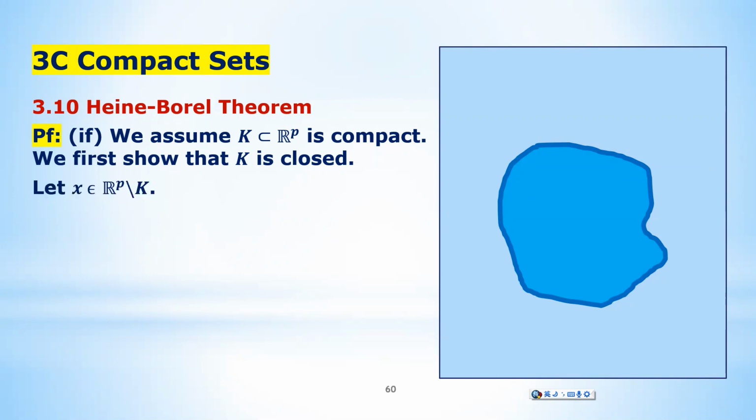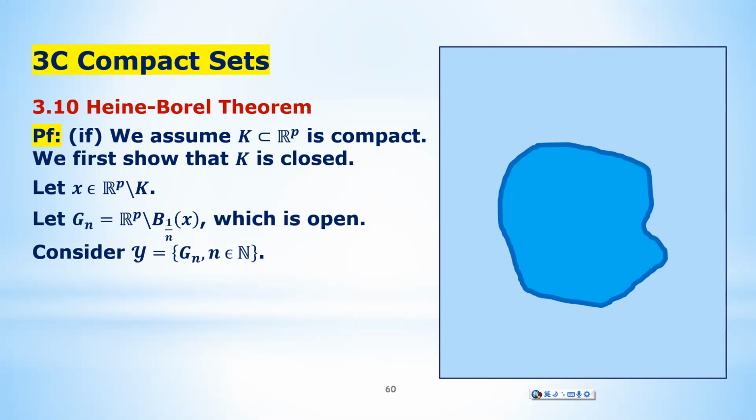So let's pick a point x not belonging to K. We're going to show that this is an exterior point. For this point, which is not in K, I'm going to choose a ball B_{1/n}(x), where 1/n is a tiny number. This means I choose a very small ball surrounding x.